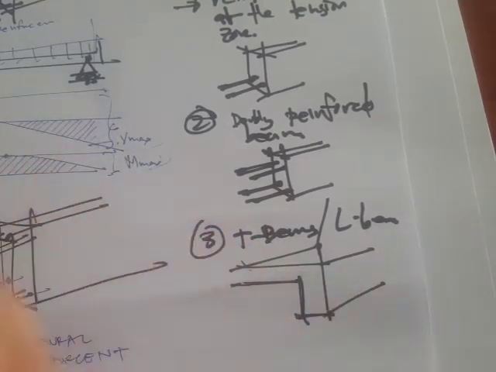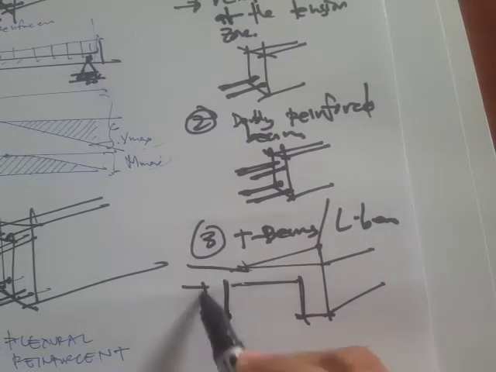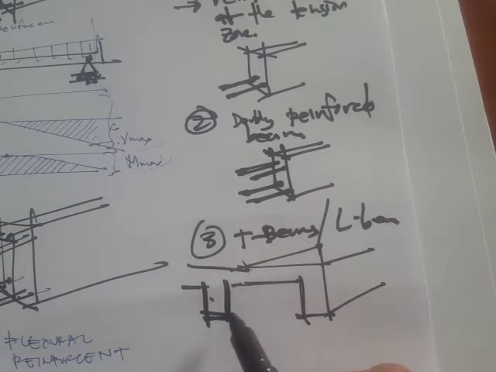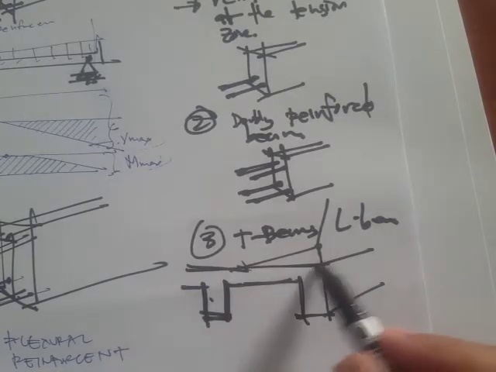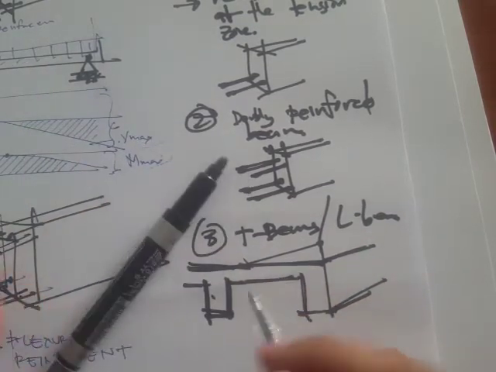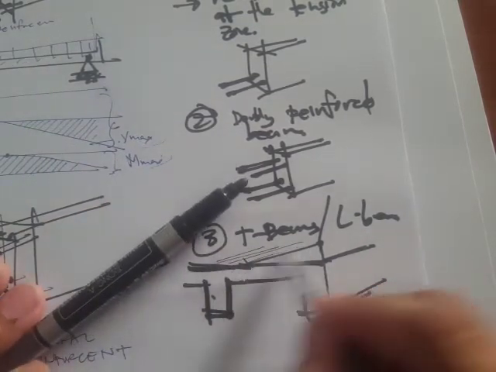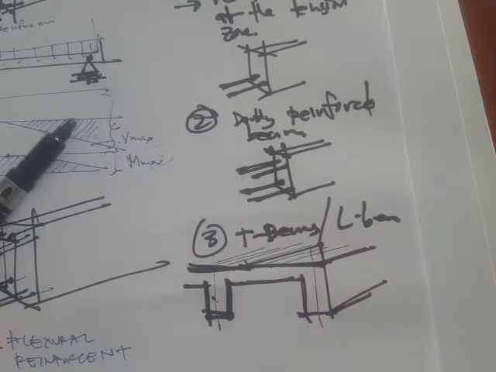Okay, so a T-beam happens when, of course, it's an interior beam. Let's say we have a slab on top. So this is the slab, this is your interior beam, and this is your exterior beam.